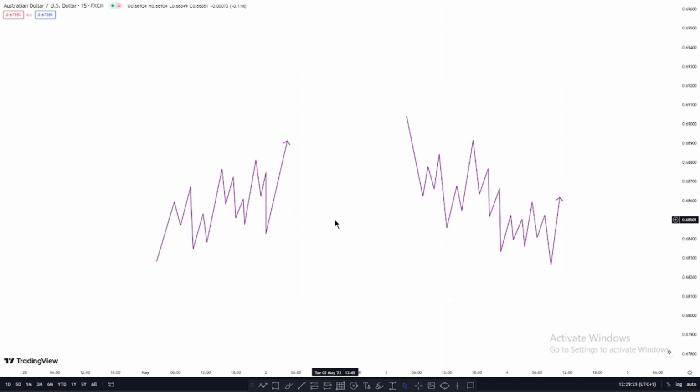And I don't want you to continue to make this kind of mistake. If you want to trade like the big players or like the large financial institutions, then you need to understand where your valid highs and lows are in the market.